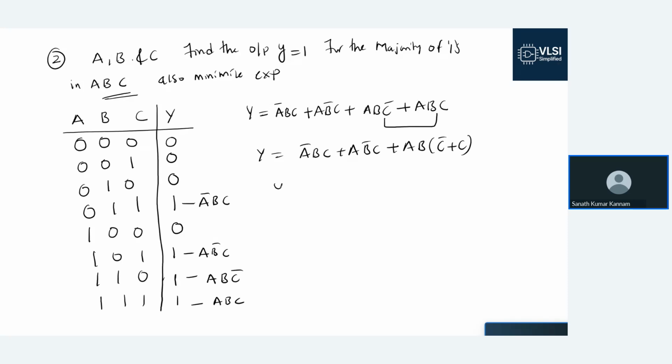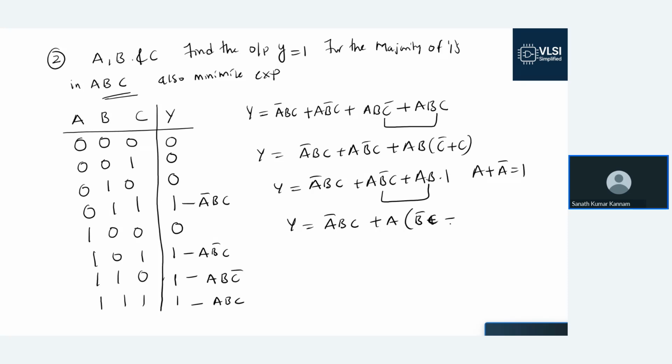So Y equals A bar BC or A B bar C, AB and 1 I can take, since C or C bar equals 1. Next, from these two, if I take A common, what am I getting? Y equals A bar BC or A (B bar C or B).